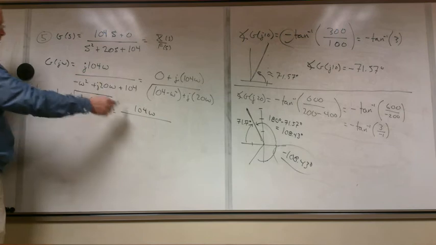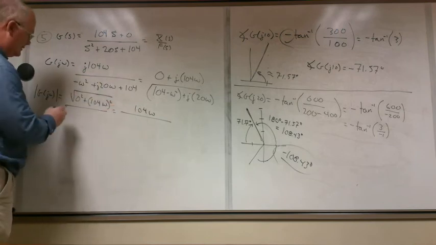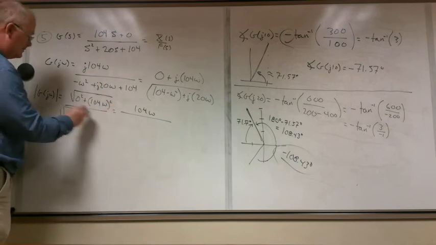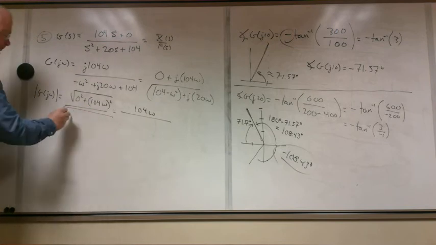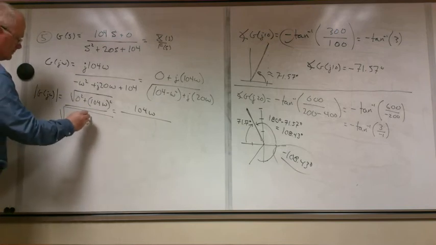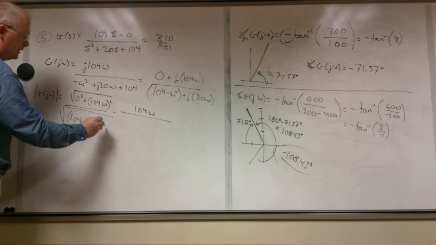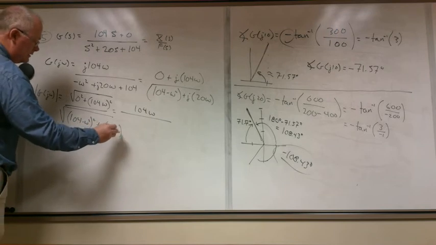Now we have an omega that pops into the numerator magnitude, and the magnitude of the denominator then is going to be what we had before, 104 minus omega squared, squared, plus 20 omega squared.